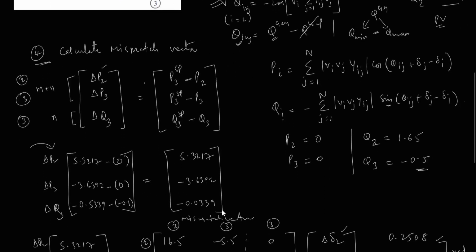this mismatch vector. Now here I have to calculate this P2, P3, Q2, Q3. I erase these values now and use these two equations to get these values. I have to calculate P2, P3, right?